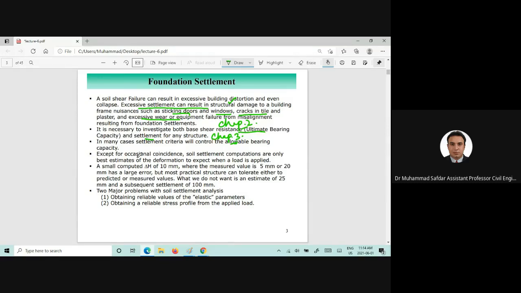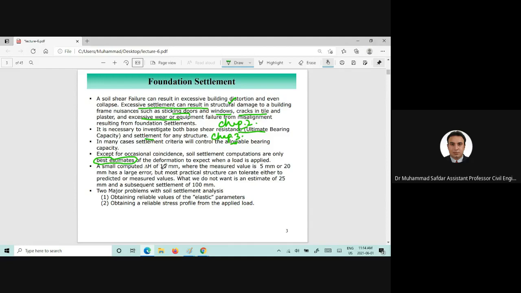But you need to note down that settlements are only the best estimates. We try to accurately estimate those foundation settlements, but unfortunately we are unable to get the exact value.